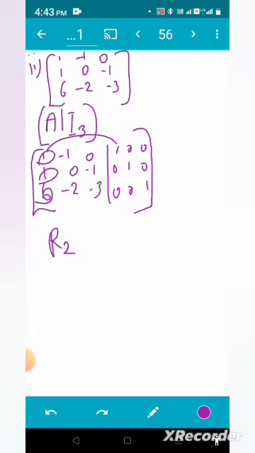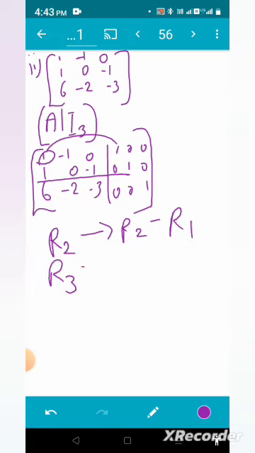We can create these zeros. This is already 1, so we can't interchange anything with R1. So in R2 and R3 I create 0. R2 gives R2 minus R1. Similarly, R3 gives R3 minus 6R1.